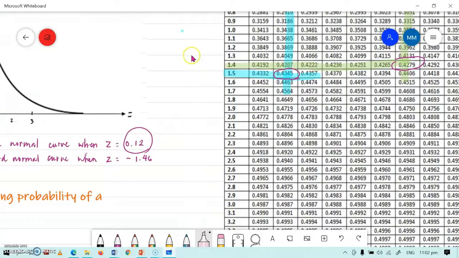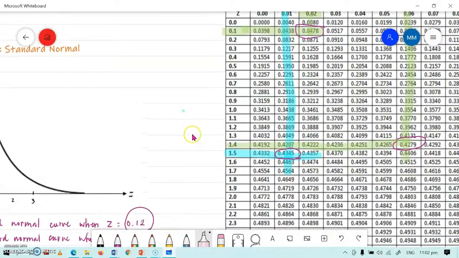So the intersection is here, and that's 0.4896.